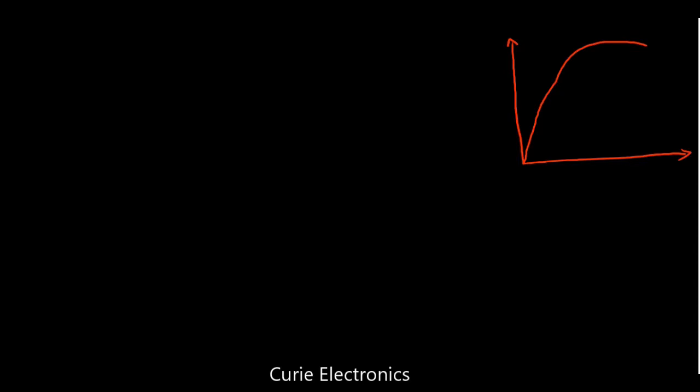To use this as an integrator, we should use only the linear region, up to here. This is VC and this is time T. After about 5 time constants, the capacitor gets fully charged, so we should not allow the capacitor to charge like that.